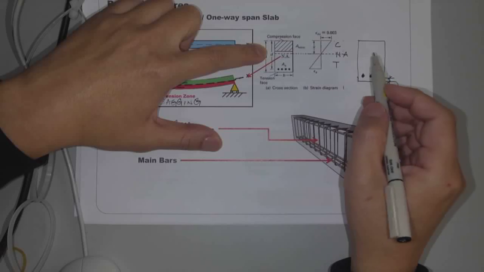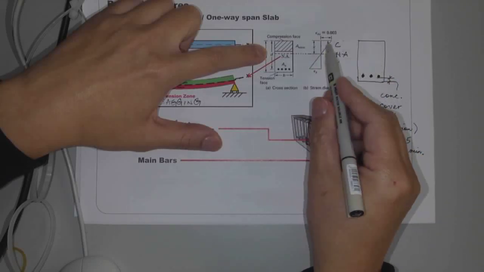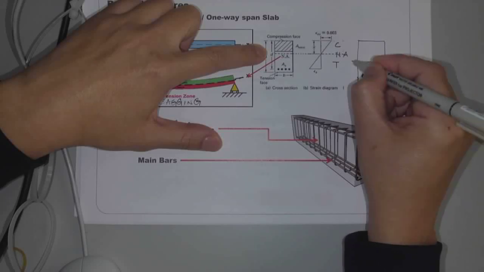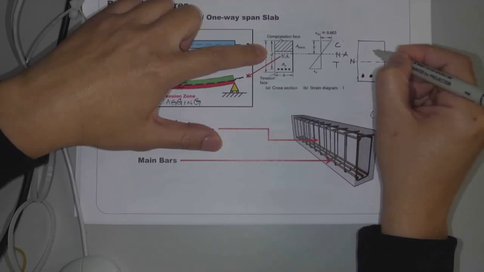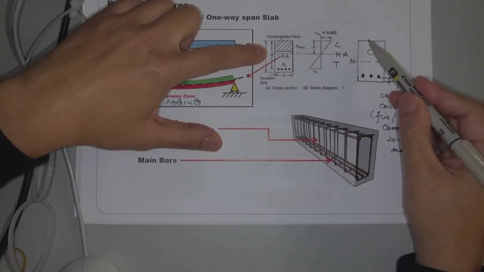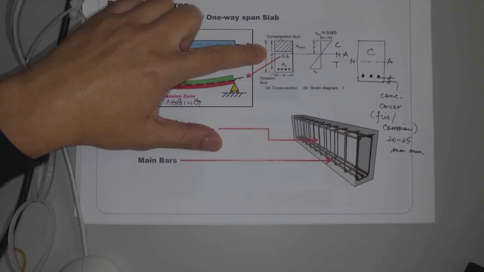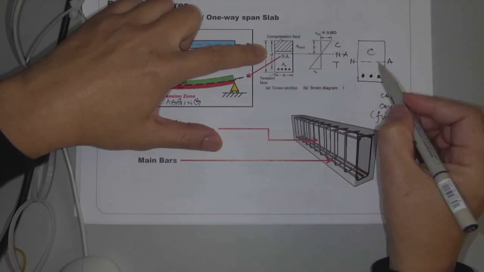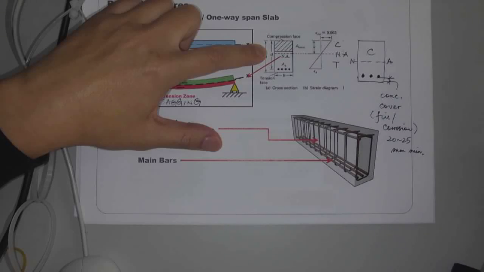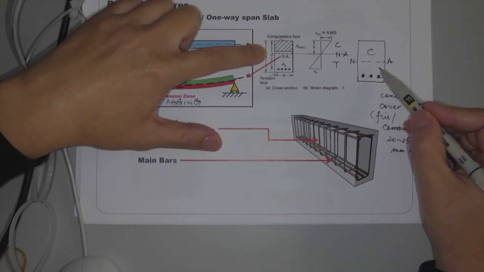But one thing you should bear in mind, above the neutral axis, everything is in compression. Fine, this is a piece of concrete, so concrete in compression is good, no problem. Below the neutral axis, everything is in tension. So what happens to concrete when it is in tension?